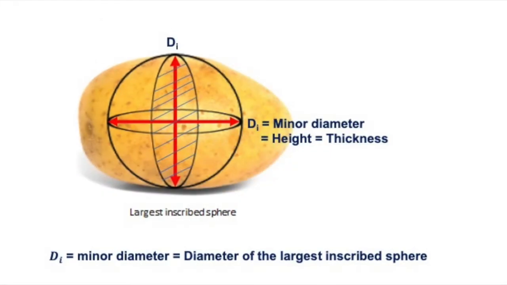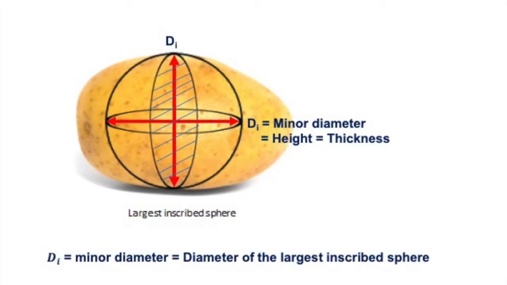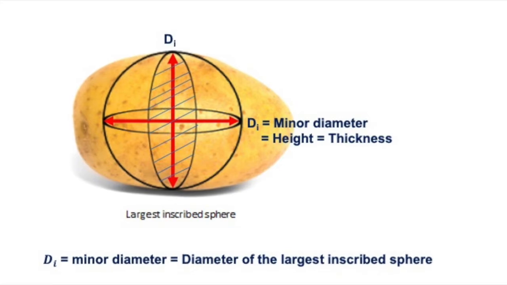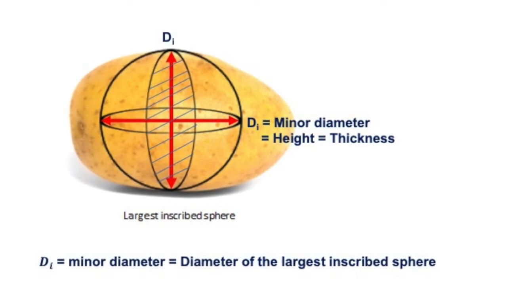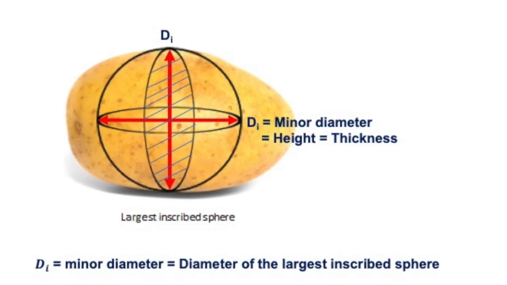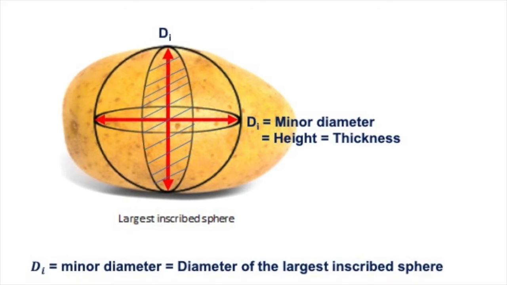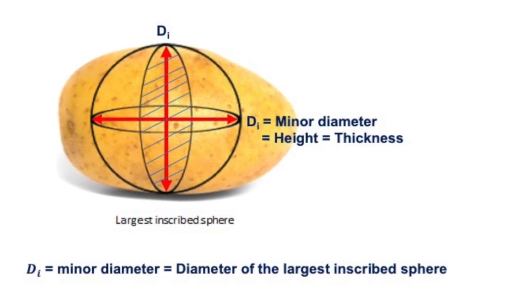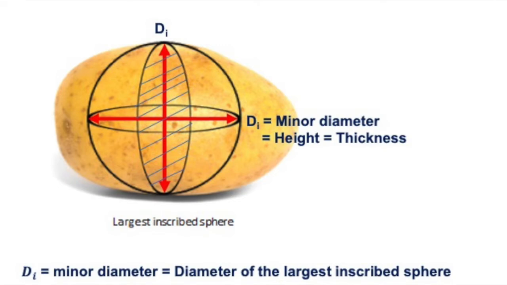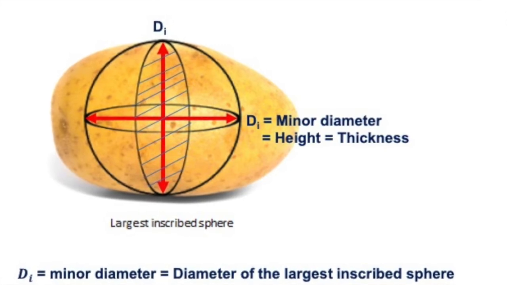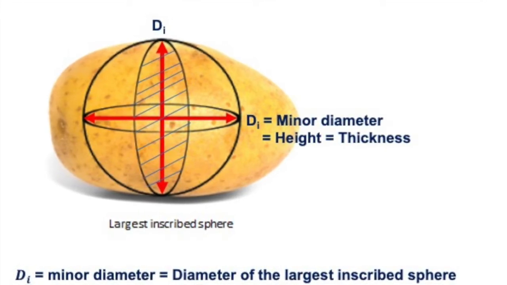Similarly, a potato has one and only one largest inscribed sphere. The diameter of this largest inscribed sphere is called the minor diameter, which is equal to the height or thickness of the potato.